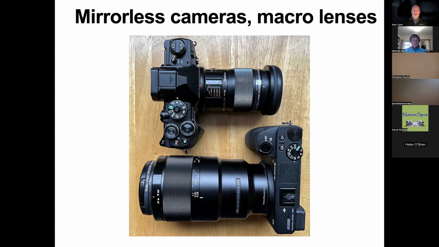And these cameras have interchangeable lenses, which opens up another possibility, which is that you can buy dedicated macro lenses. So these lenses are designed to work and produce highly magnified images, and the optics are set up for that. And your lens obviously needs to be matched to your camera.